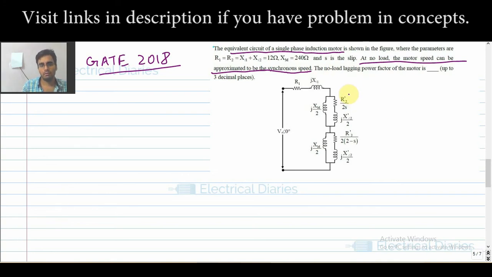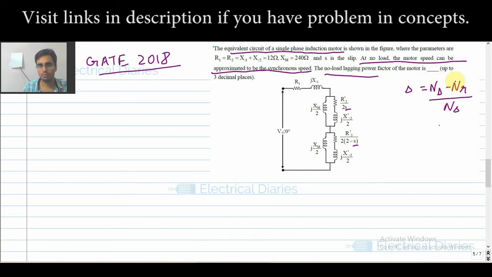After looking at this circuit and reading this question, one thing is very clear to me, that there will be some role of slip. It is asking for the no load lagging power factor, and at no load the motor speed is given as synchronous speed. Now I hope you know that slip is (Ns minus Nr) by Ns, where Ns is synchronous speed and the motor speed is Nr.